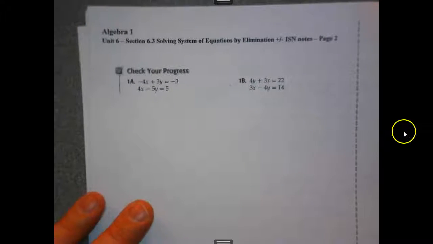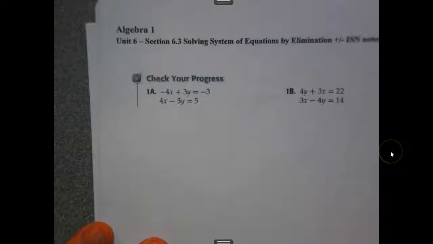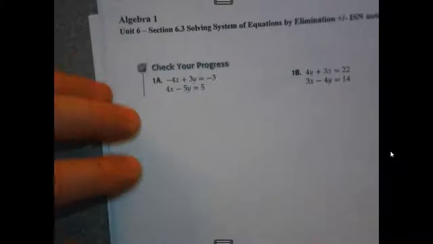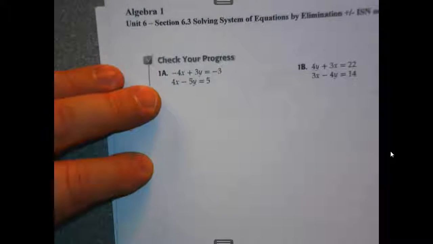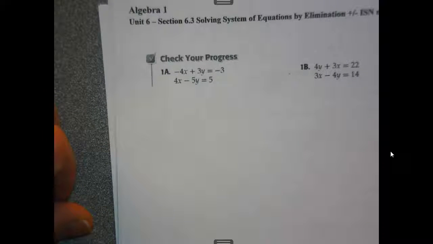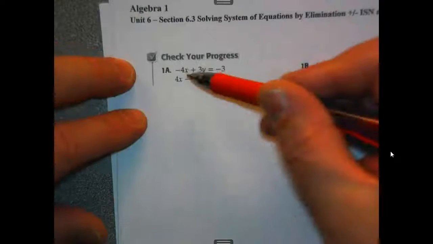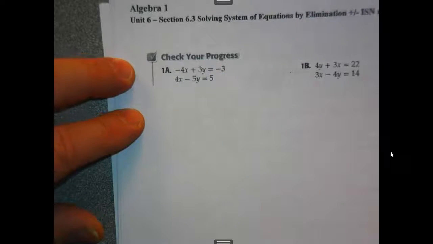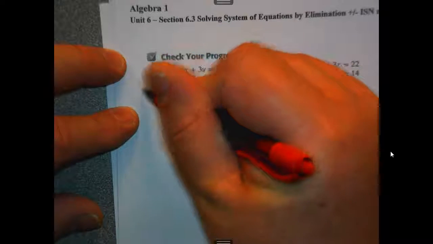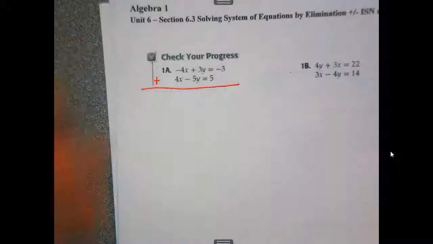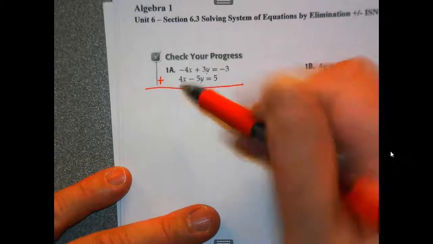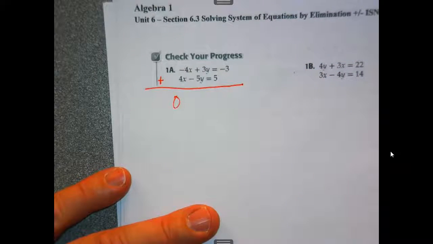If we follow our step-by-step instructions, our first step says to line up our equations so that the x's line up, the y's line up, and the constants line up, which they already do. See how the opposite and positive line up? Then step two: add these two equations together. If I add negative 4x and a positive 4x, I get 0.